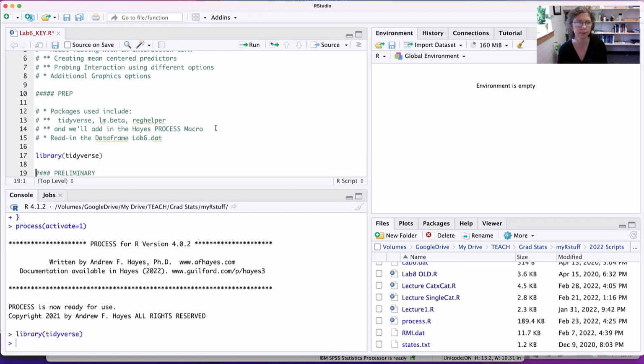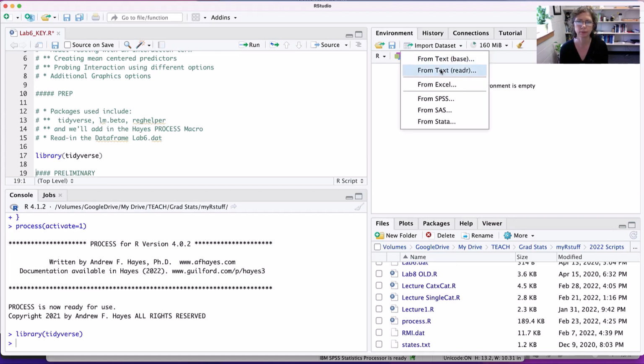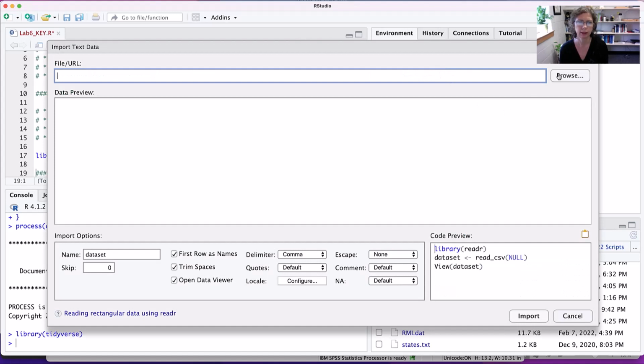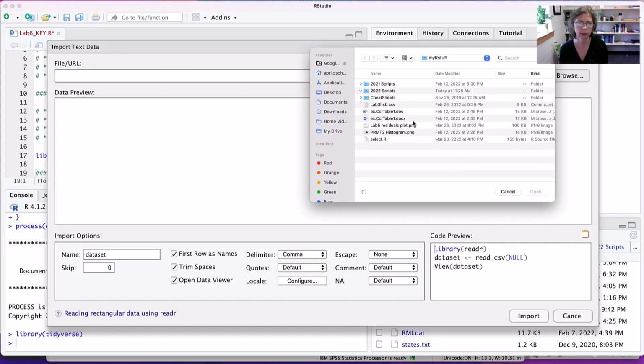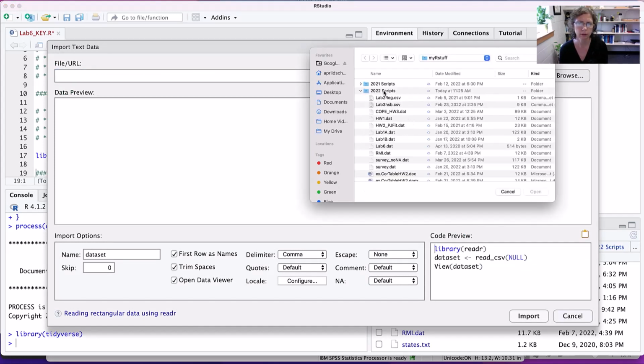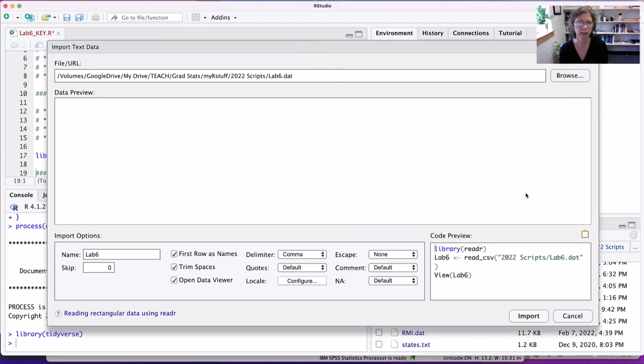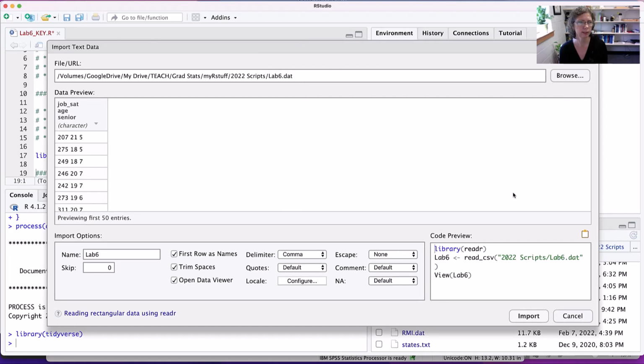It's a little different. So first we're going to read in the data frame. Navigating to Lab 6. There we go. And it's a DAT file, which means it's tab delimited.